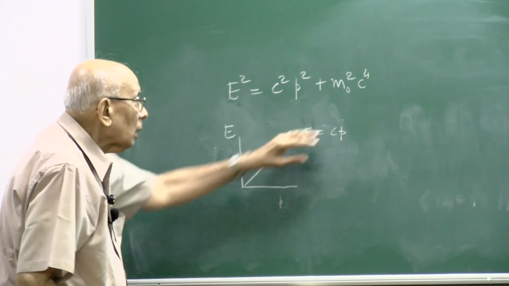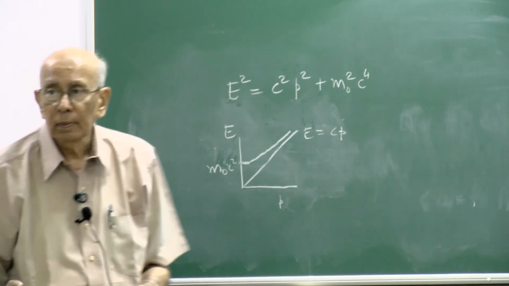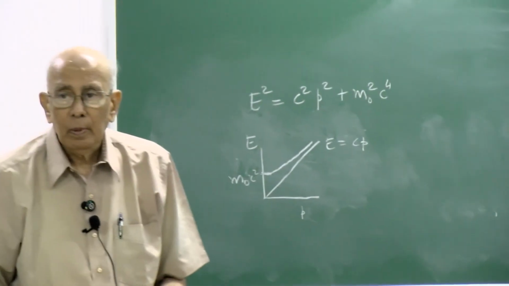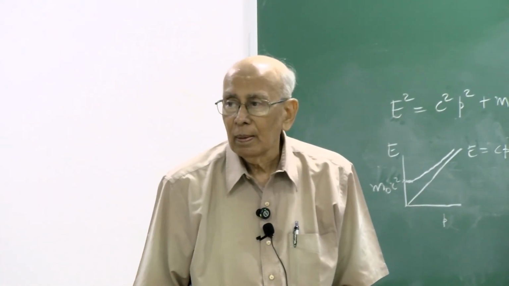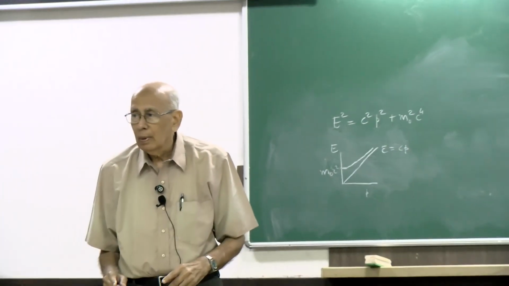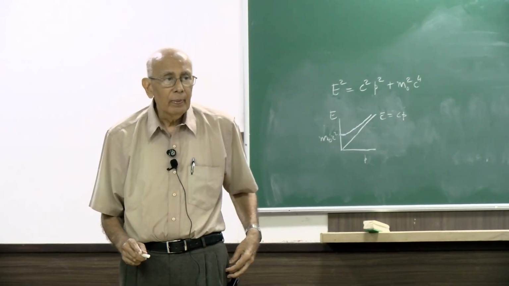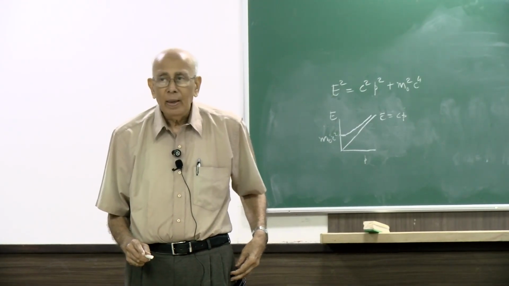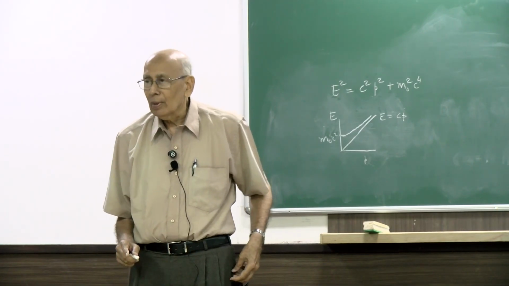For a photon, m naught is 0, E equal to cP. You already know that formula. Did you know that formula? Again, that's a very historically unfortunate equation because it's a wrong equation.